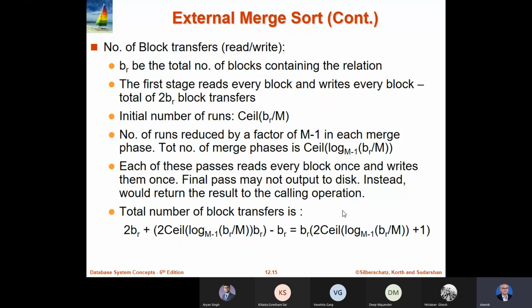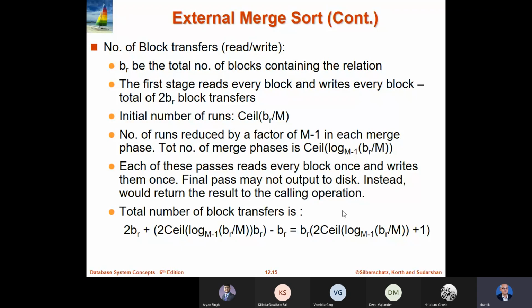So if we assume that the final block can stay in the main memory, then the minus BR is only because of that one final step not being required. Instead, we would return the result to the calling operation. So if we consider that, then the total number of block transfers is 2 BR plus twice this term, minus BR.